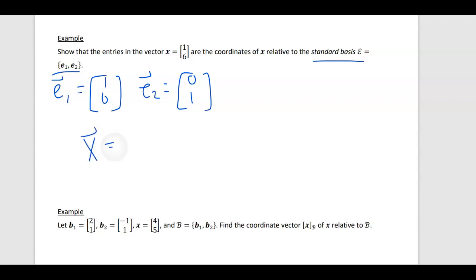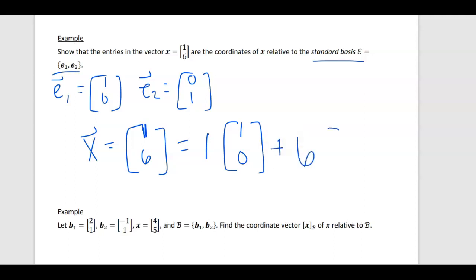So if x is 1, 6, then I need to multiply 1 times 1, 0 to get 1 up in the top part, plus 6 times 0, 1 to get 6 down in the bottom part.